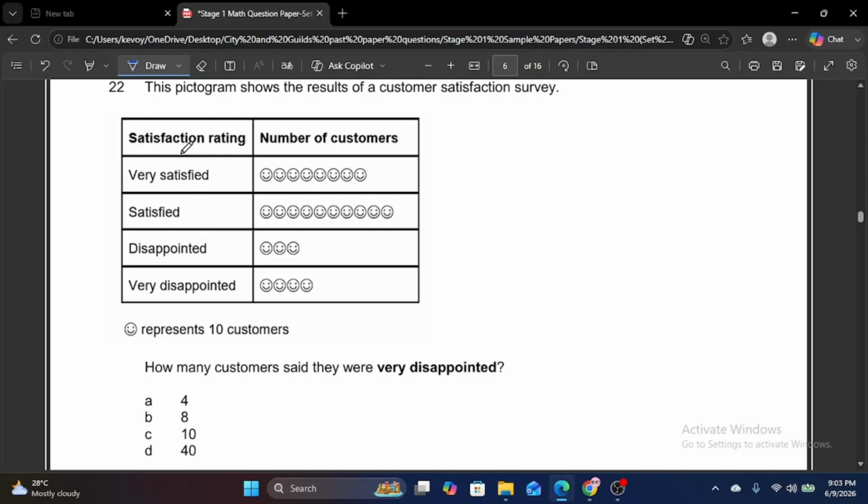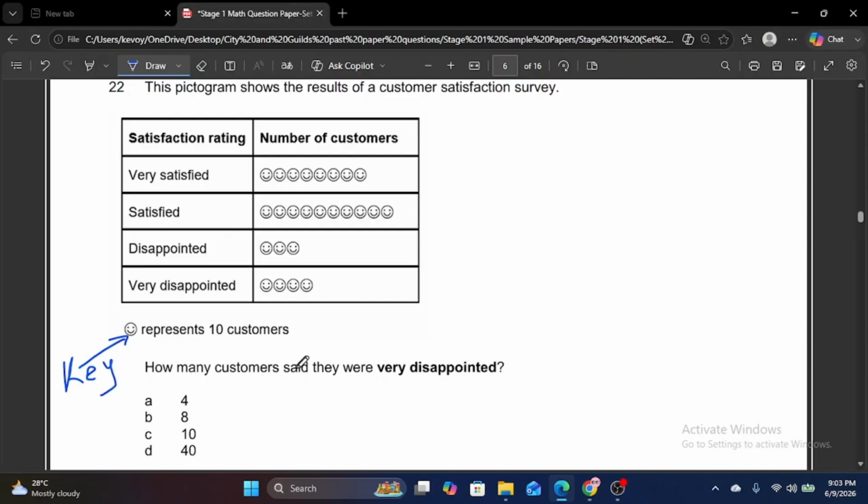So we have the satisfaction rating right there: very satisfied, satisfied, disappointed, very disappointed. Each smiley face represents 10 customers. So that's the important part right there, that's the key. The key tells us all the information, so we can read the chart. The key helps us to read the chart.